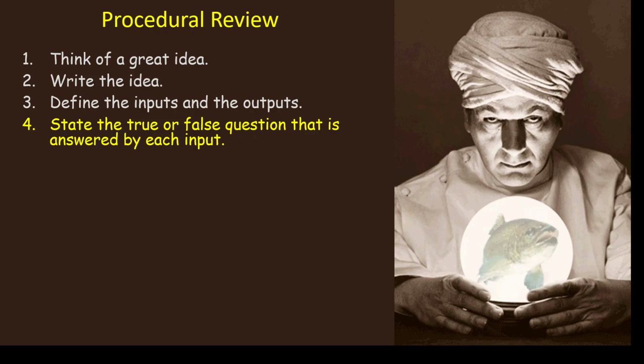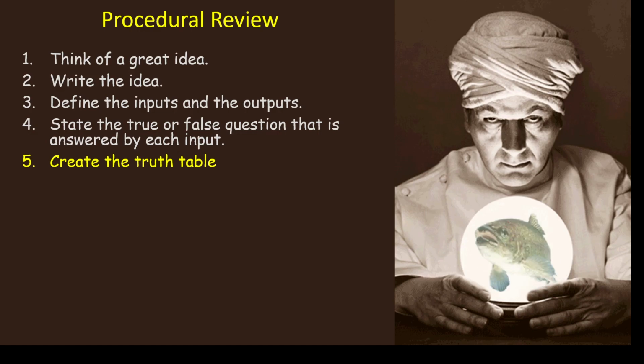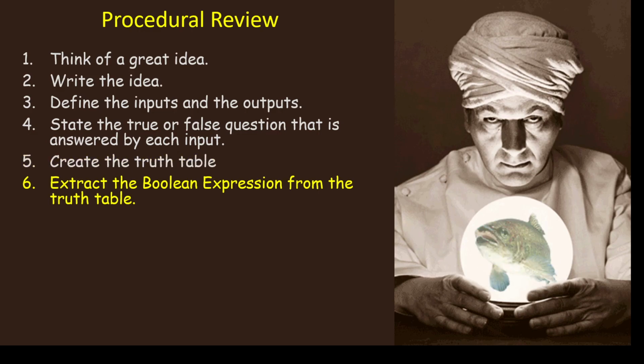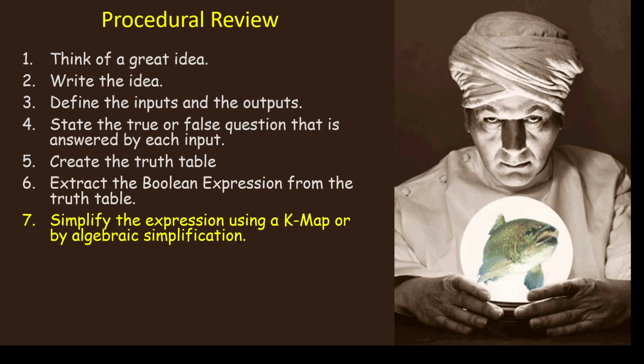You're going to state the true or false question that's answered by each input. You're going to create a truth table from the information that you've developed so far. You're going to extract the Boolean expression. Actually, you're going to extract the terms, combine them to make a Boolean expression, and then combine them into an equation from the truth table.